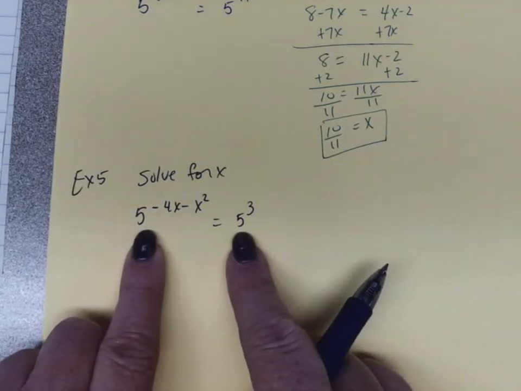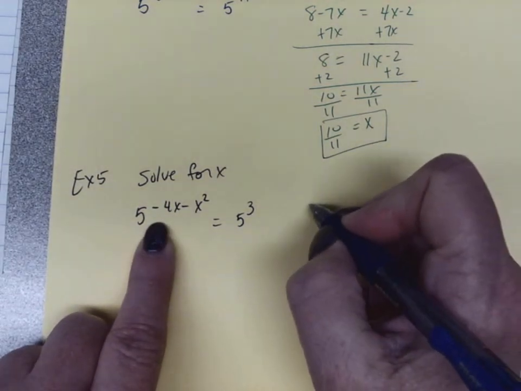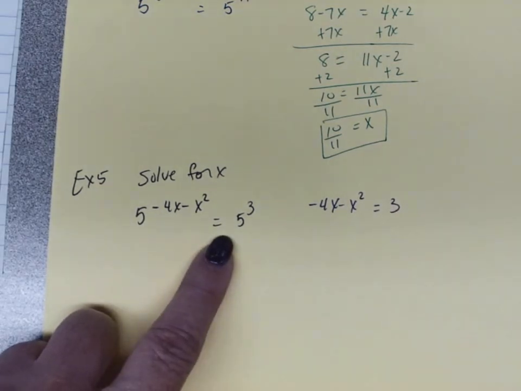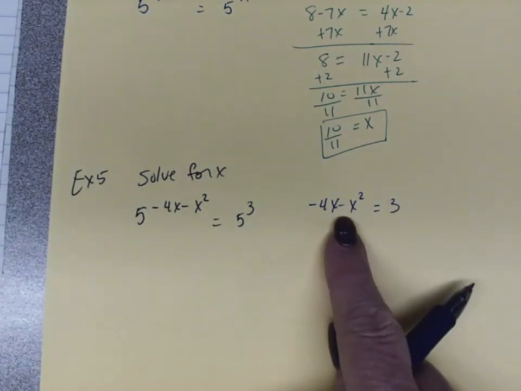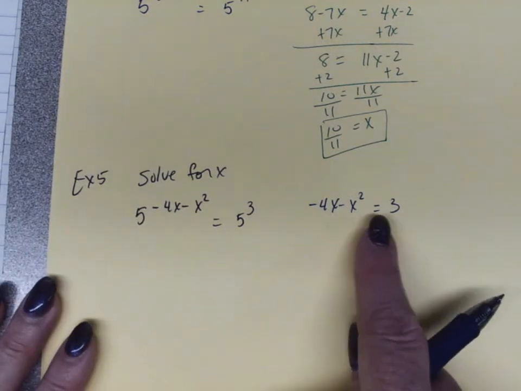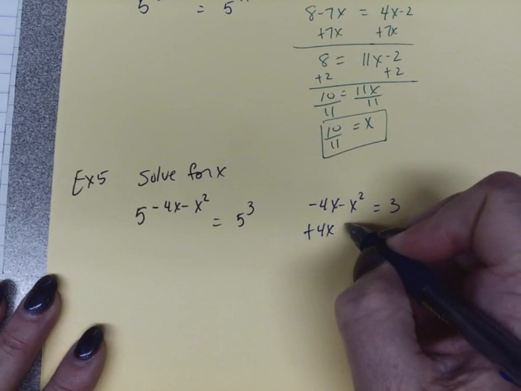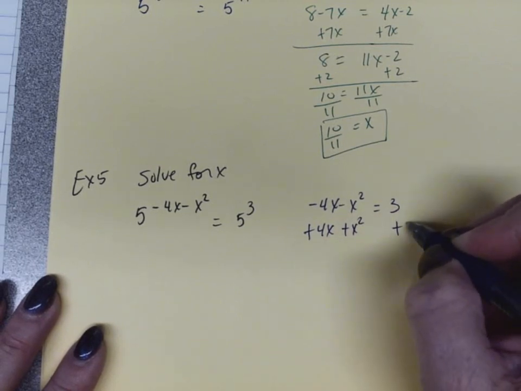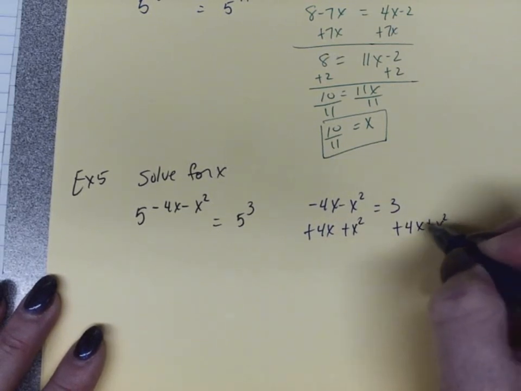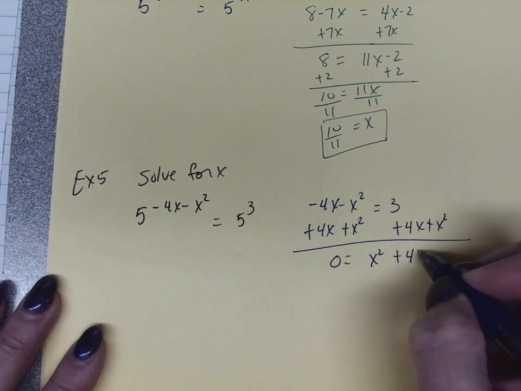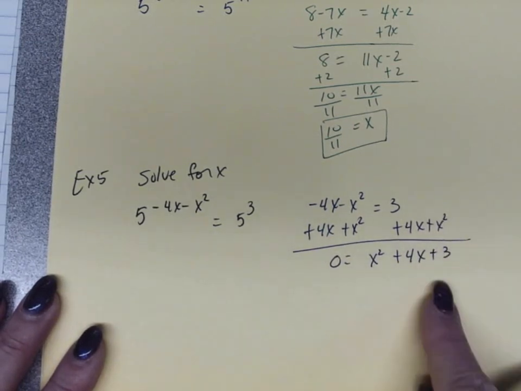Again, we have the same base of 5, so this will be negative 4x minus x squared equal to 3. So here, I need to put everything on one side because I have an x squared. So I'm going to add my 4x and my x squared to the other side. So I have 0 equal to x squared plus 4x plus 3.